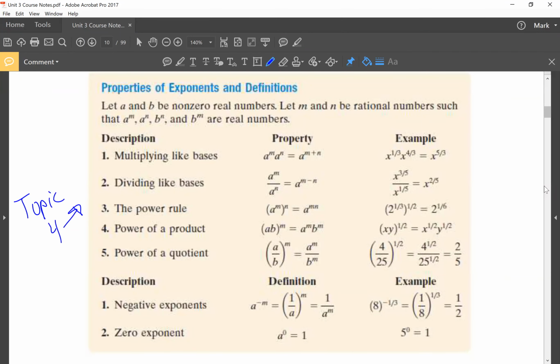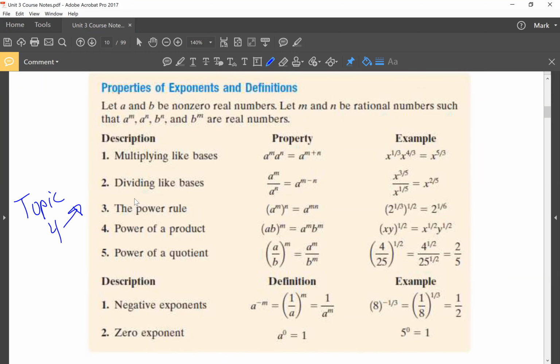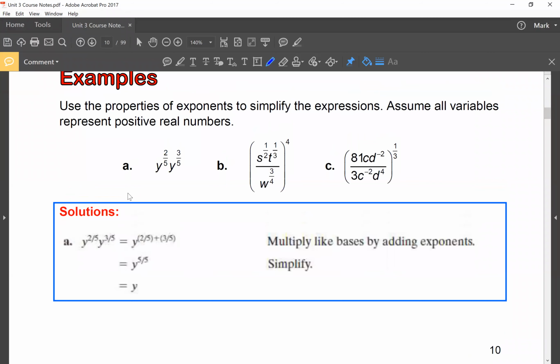So this is a review for everybody, and I mentioned this in yesterday's class. If you weren't here yesterday, I looked over all of these properties. So let's put them to work. I won't reteach the properties. Let's look at some examples.